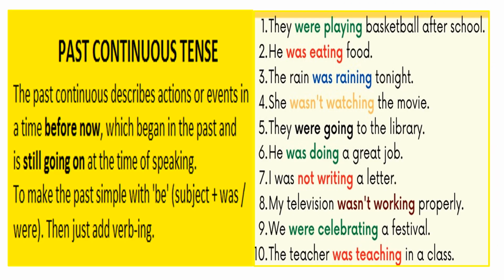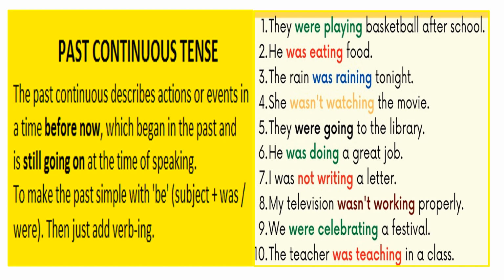Let's look at the second one, which is the past continuous tense. Now, what does the past continuous tense stand for? The past continuous tense describes actions or events in a time before now, which began in the past and is still going on at the time of speaking.